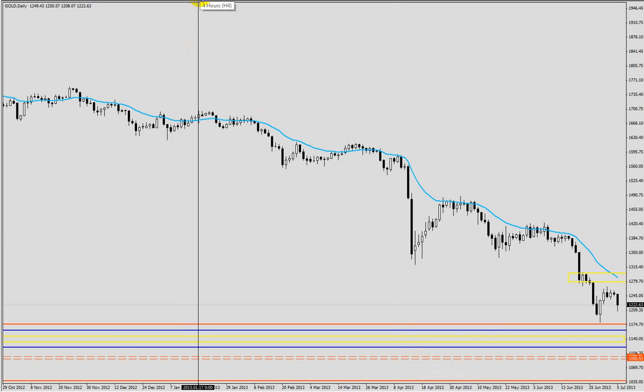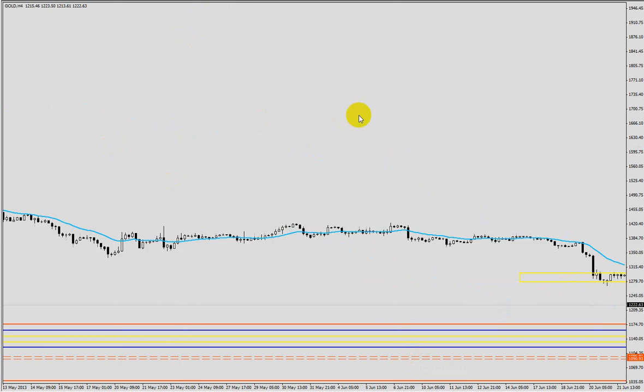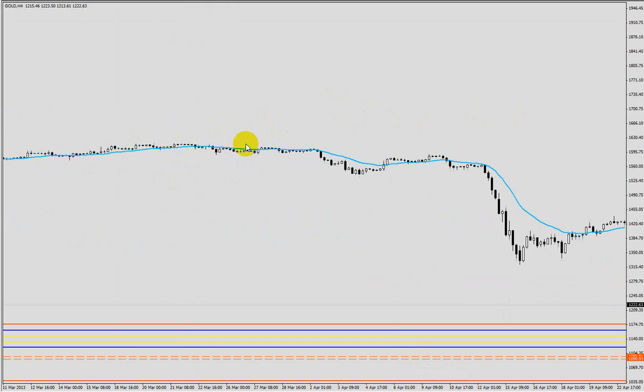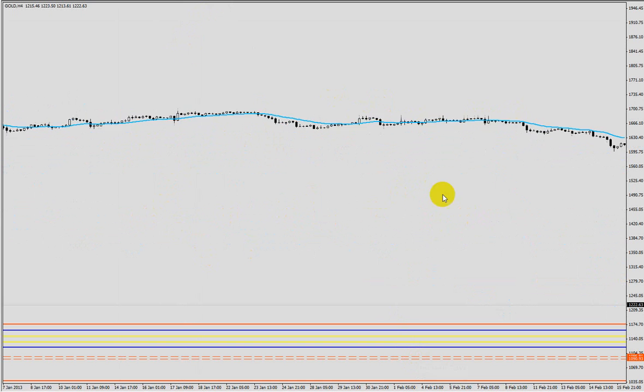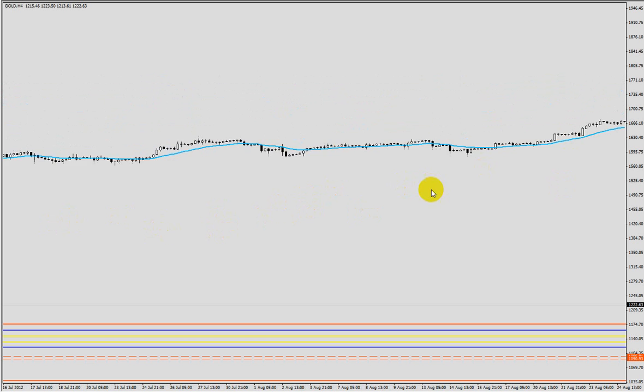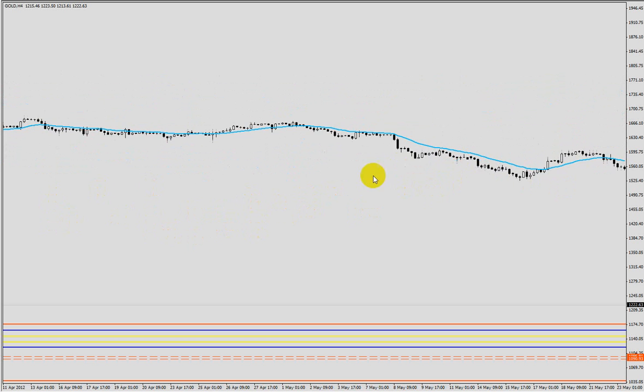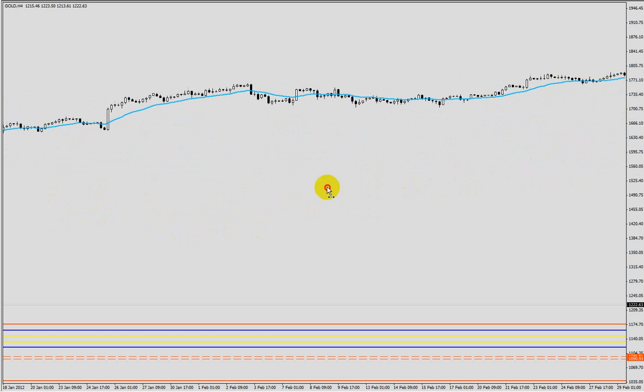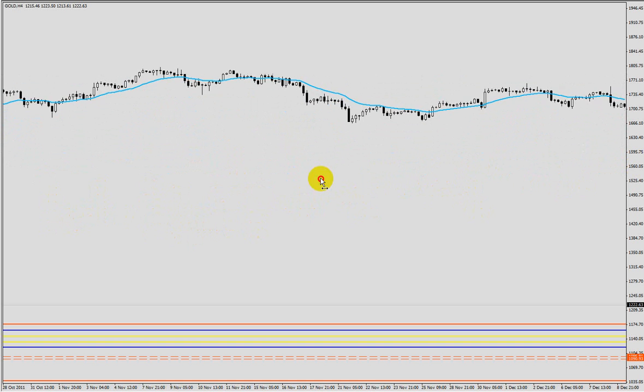Let's try to switch to 4-hour charts, and let me try to show you what we are talking about to have a better picture.